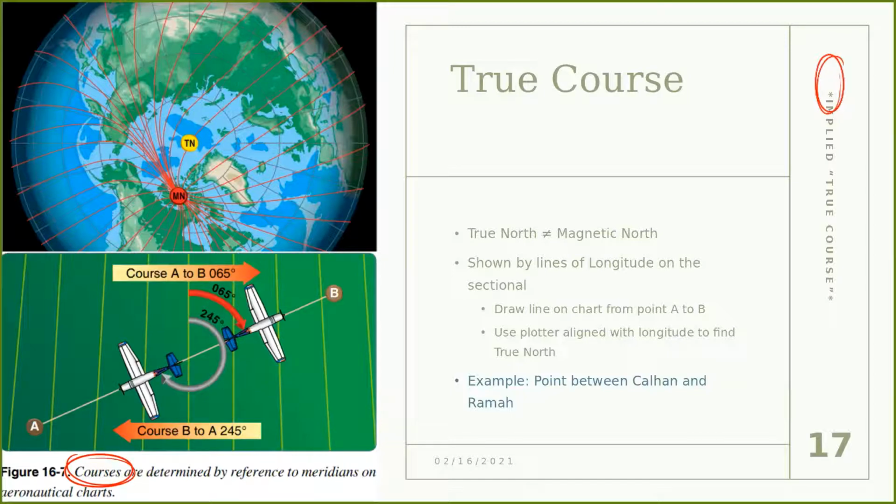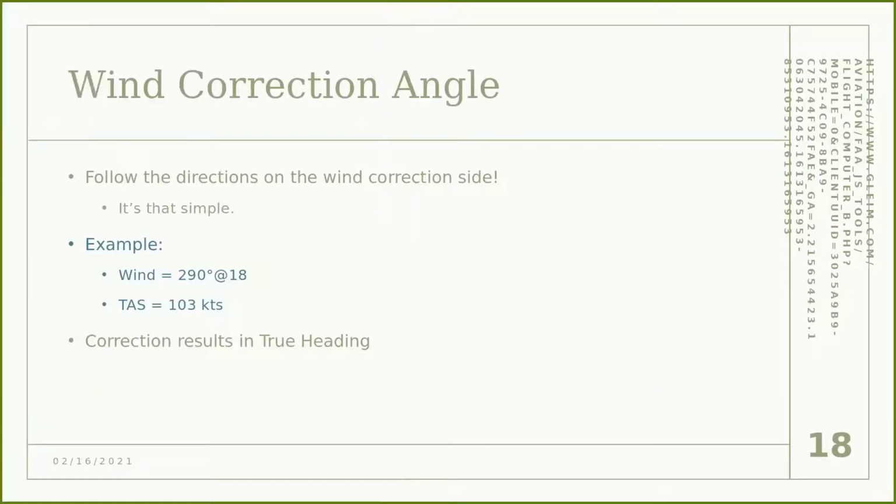Keep that in mind, which is why we're having to do some of these conversions to change from true to magnetic, which is what our compass navigates by and what therefore we navigate by. It is showing my lines of longitude on the sectional.